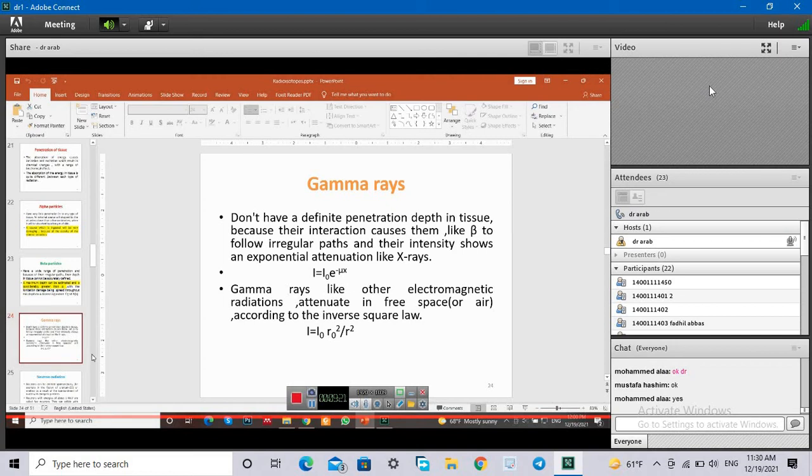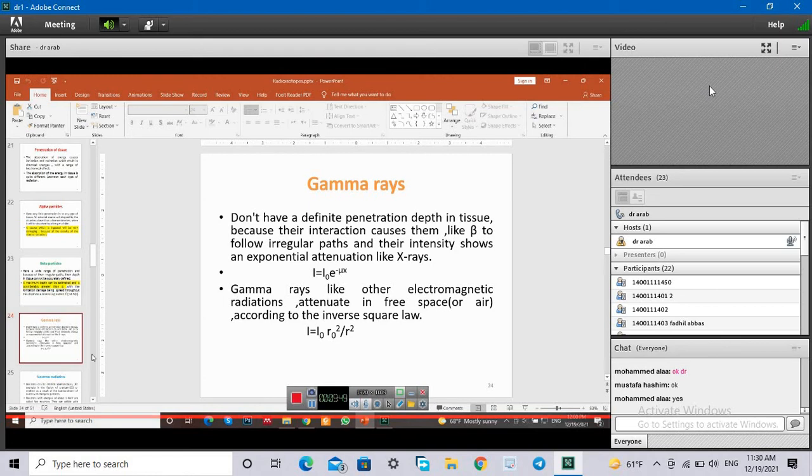As you remember, the most important gamma ray interactions with tissue include photoelectric, Compton, and pair production. And for gamma rays, we don't have a defined penetration depth.